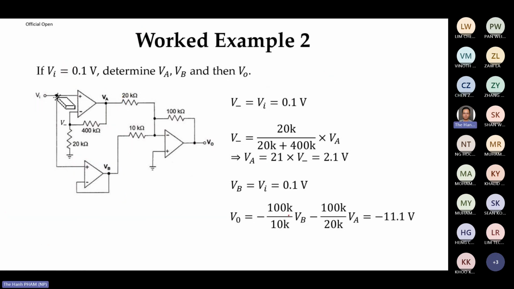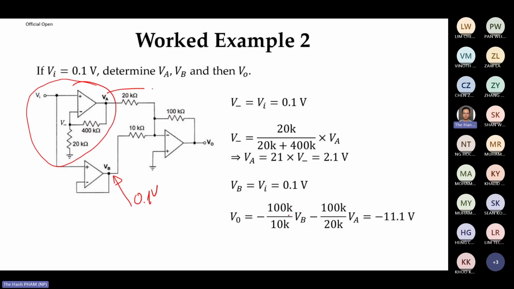Now let's analyze this one first. Vi is 0.1 volt. So this 0.1 volt will come to here. So here you have 0.1 volt. Buffer, this one also 0.1 volt. Now for this guy, it is a non-inverting amplifier.